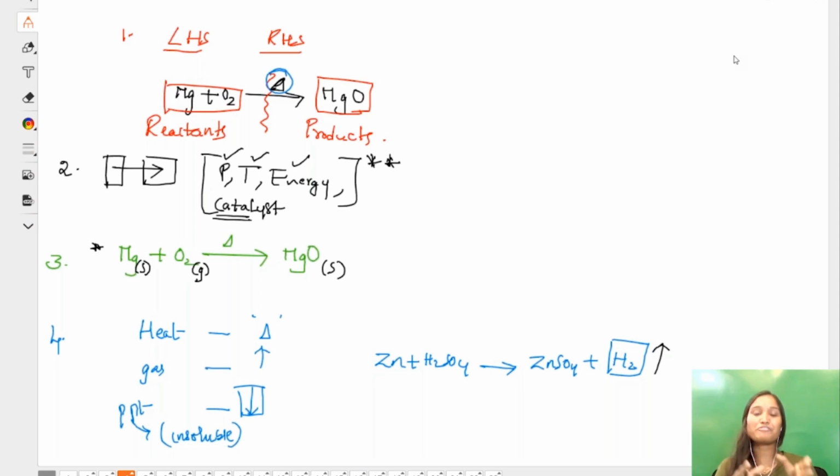So you need to learn the physical state of reactants and products. Right now at class 10 CBSE level, we will not be aware of the physical state of all the chemicals, but we would have to get a practice of it. How? Whenever you're learning equations, concentrate on the physical states also.